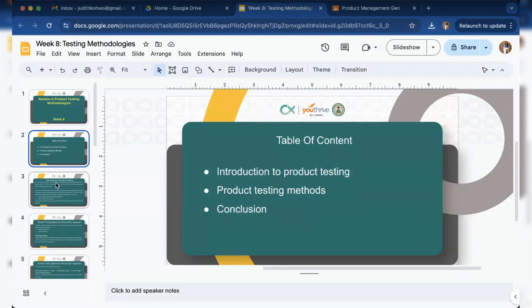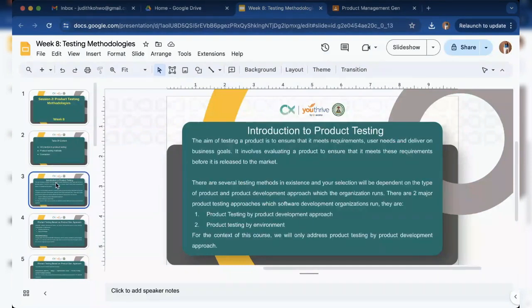But first of all, what is product testing? We talked about what product testing is. The aim of testing a product is to ensure that it meets requirements, that it meets user needs, and that it delivers on business goals. Remember, I said that that is the purpose of a product from the beginning, and so you are testing against these same metrics. Does my product meet the requirements that I have defined? Does the product meet user needs?